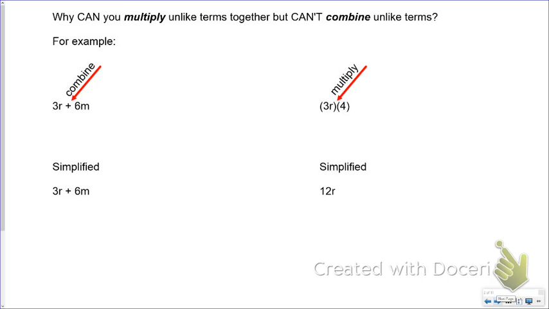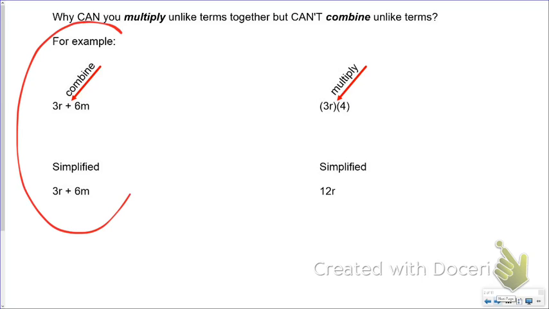Okay, so the first question we need to address is why can we multiply unlike terms together, but we can't combine unlike terms. And this comes from your previous levels, from combining like terms.